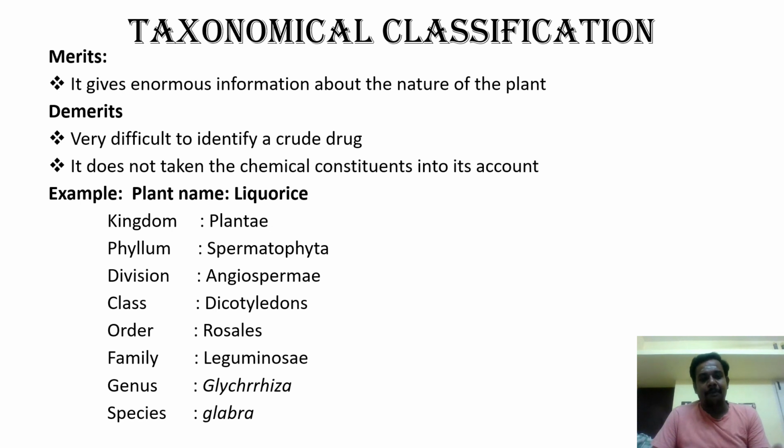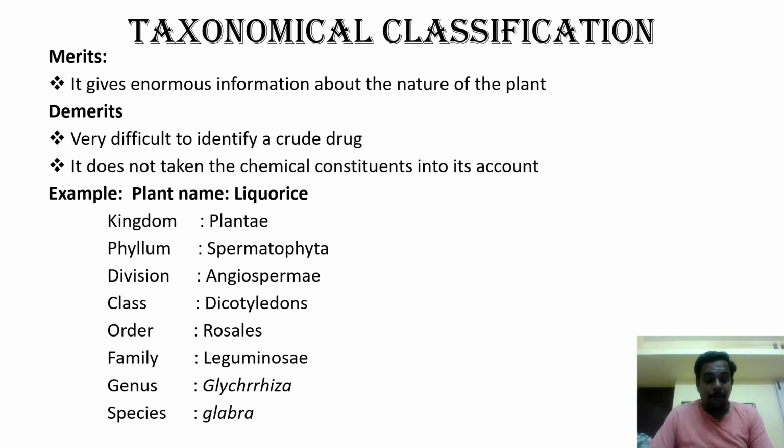Now the genus name is Glycyrrhiza and the exact species name is glabra. So we can say that our plant licorice is a seed bearing plant and a flowering plant. While germinating, it shows two cotyledons. It has rose-like flowers and its fruits look like legumes.